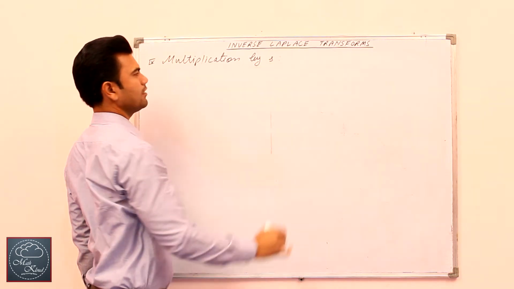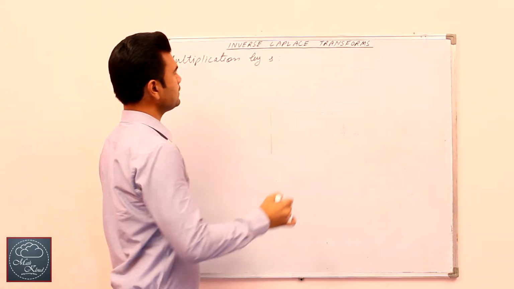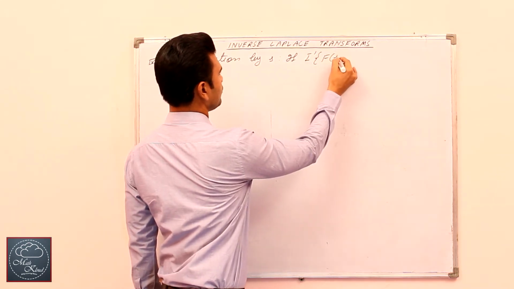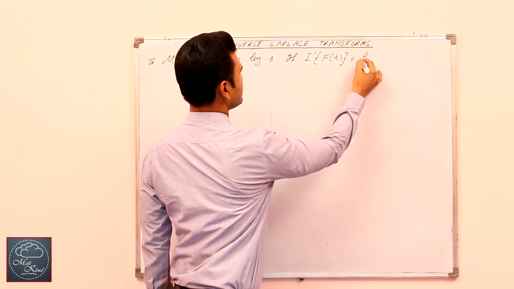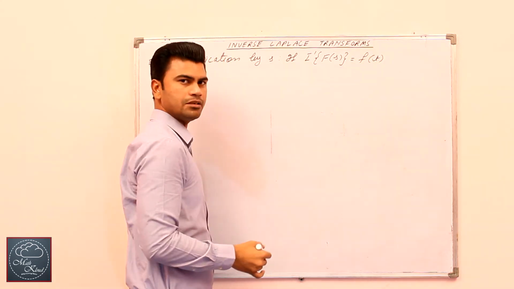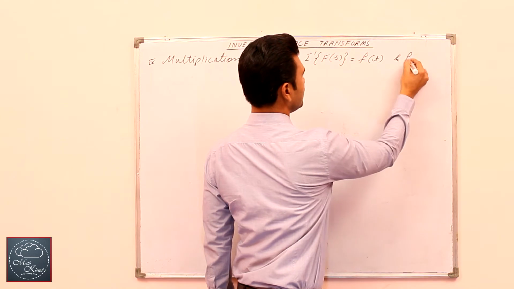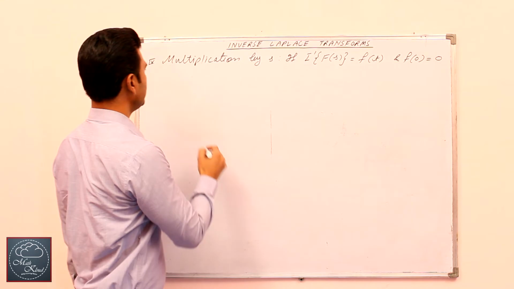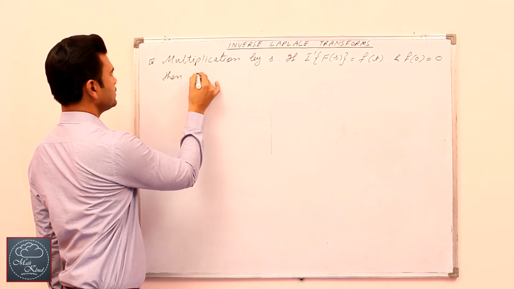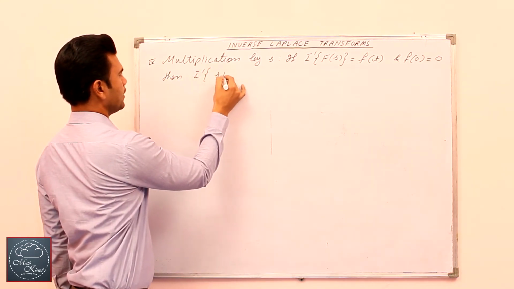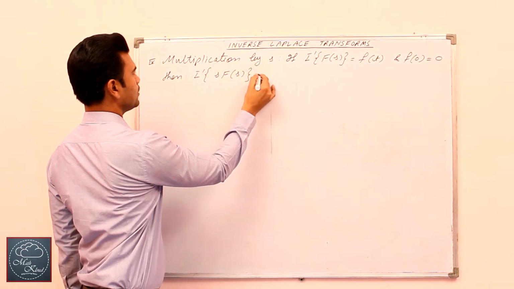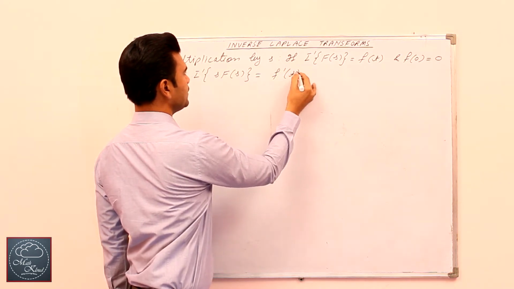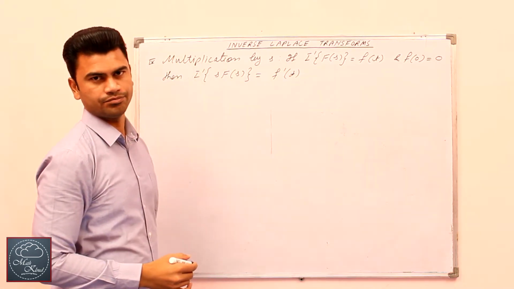Multiplication by s. And this result says that if you know the inverse Laplace transform of f of s, say it is given by f of t, and the value of f at 0 is also 0, then the inverse Laplace transform of s times f of s will be given by the derivative of f of t, that is f dash t.